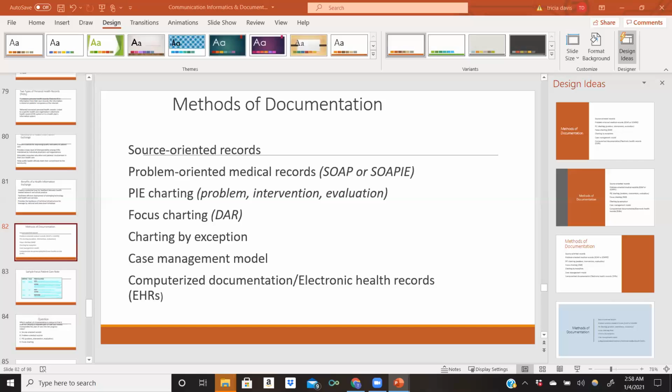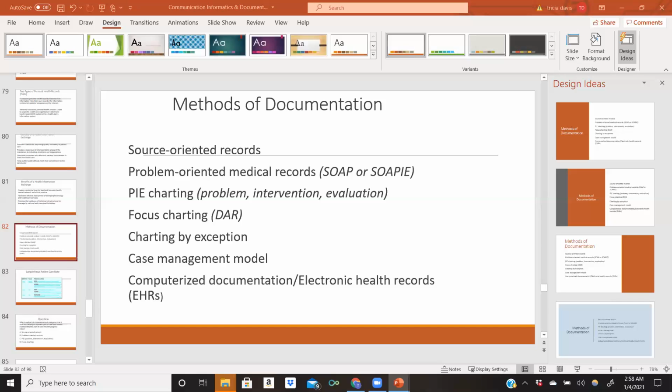The PIE charting system is very unique. It does not develop a separate care plan. The care plan is just incorporated into the progress notes, which identify problems by number in the order that they are identified. In this documentation system, a patient assessment is performed and documented at the beginning of each shift using pre-printed fill-in-the-blank assessment forms. We call them flow sheets.